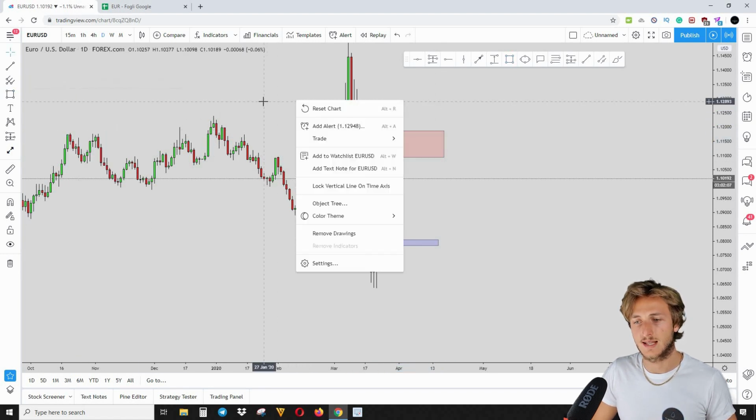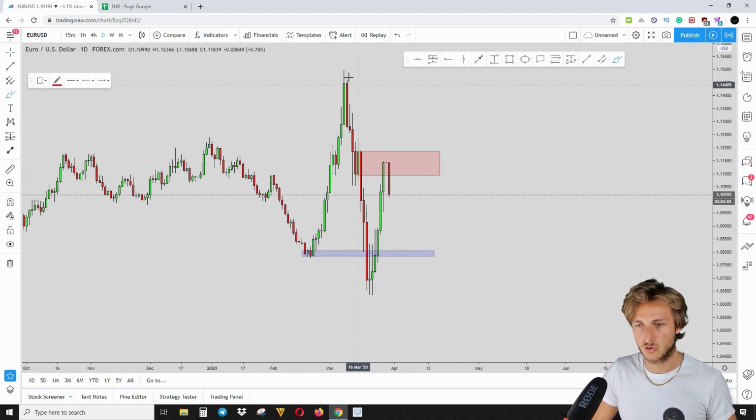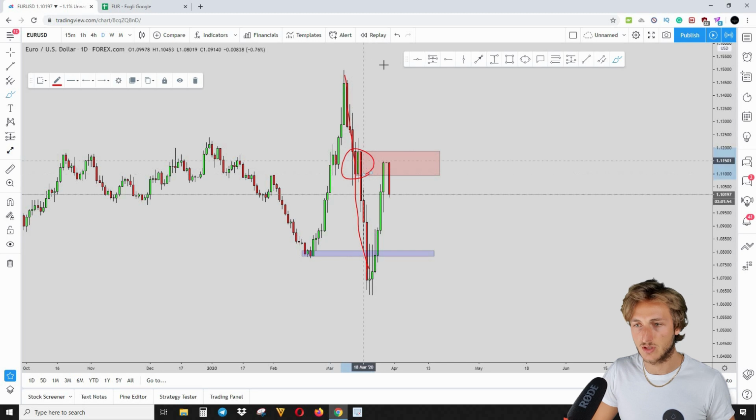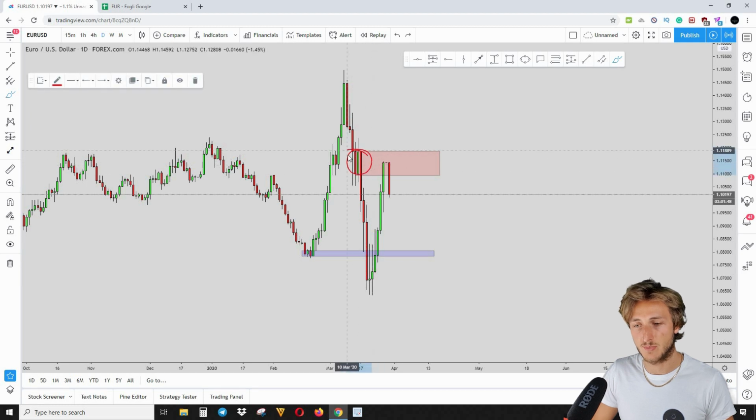Now, why was exactly this area here? Because keep in mind that in all of this push to the downside, in all of this huge impulse to the downside, there is one candle that is not related to the move, which is this green candle here. So what does this tell us? It tells us that market makers and big institutions are interested in this level because they reacted as soon as the market actually hit the zone, and that will now turn resistance.